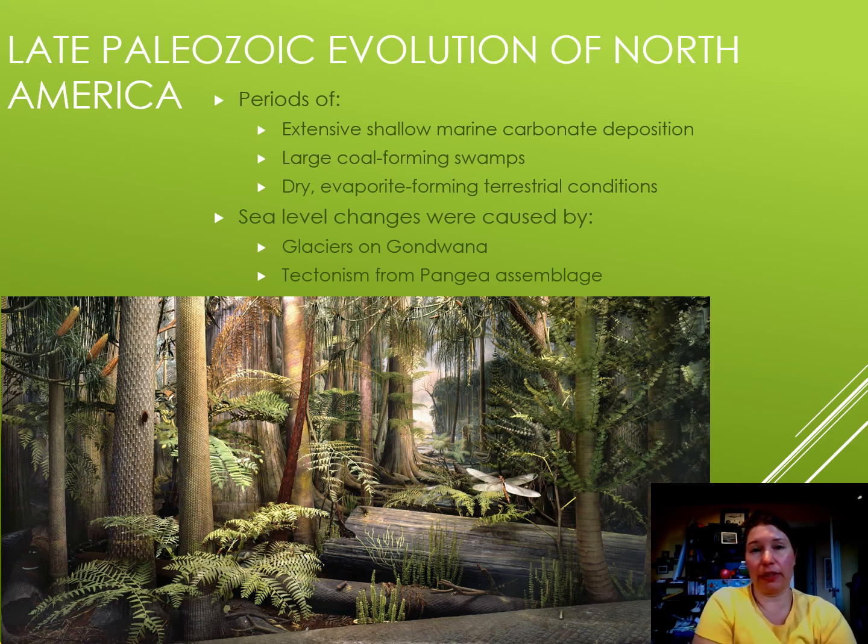So that's going to continue to happen, and as glaciers grow, sea level tends to drop. And as Pangea comes together, we are creating a huge supercontinent, and that also tends to mean sea level overall decreases. So we'll see what's going on there.